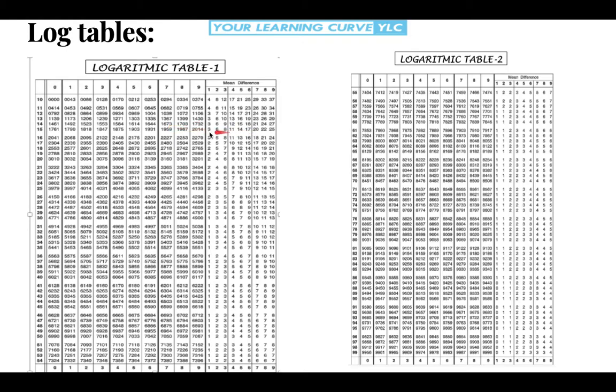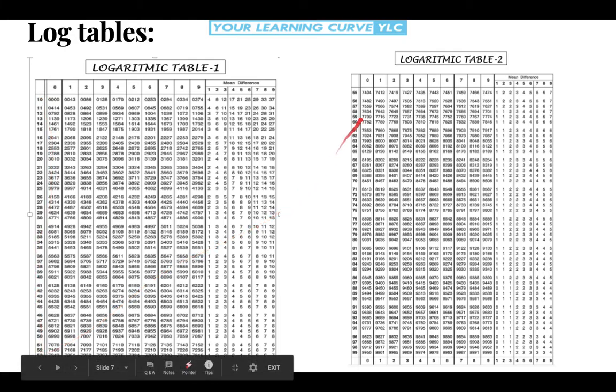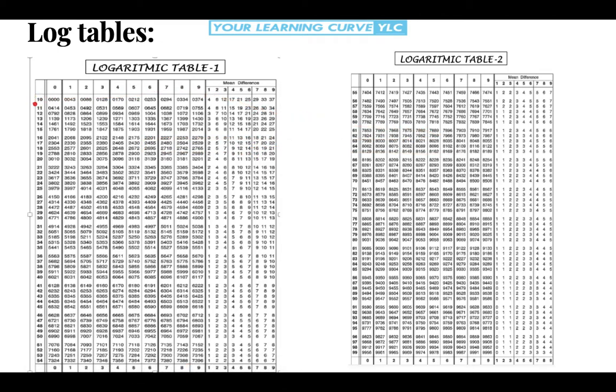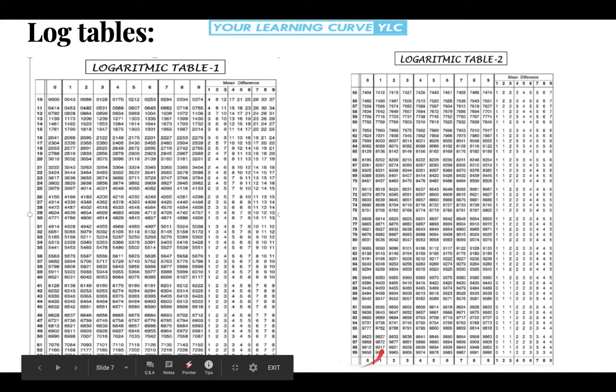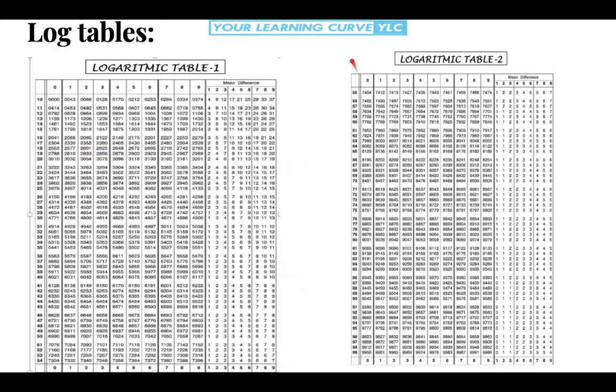In general, the log table which we use to the base 10 is in two parts. One part starts from 10 and goes till 54, then 55 to 99, or this may be distributed somewhere else, but the main thing is that you should have the numbers from 10 to 99 in the first column.